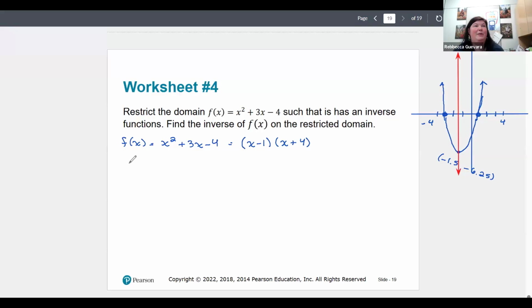So what I can restrict my domain to, remember, you're restricting domains, so restricting x values, if I only want to keep this half of my function, I'm going to start at negative 1.5 to infinity. So essentially this part is going to disappear for us.